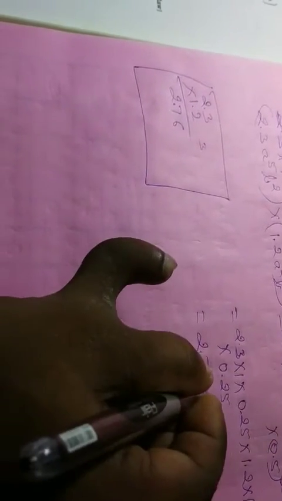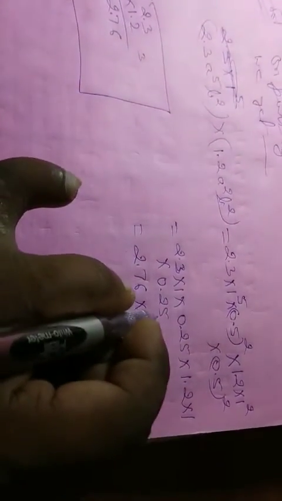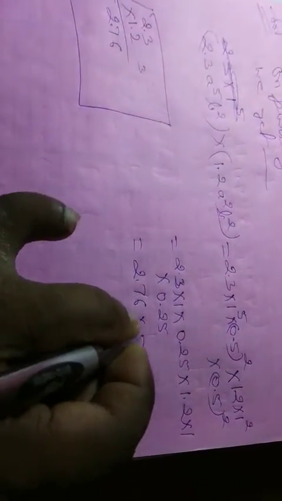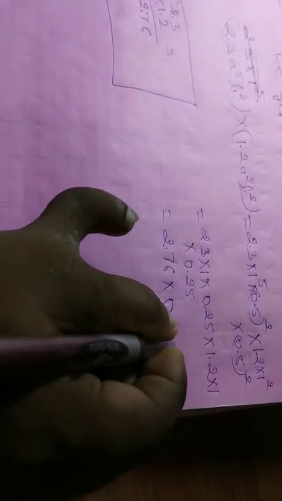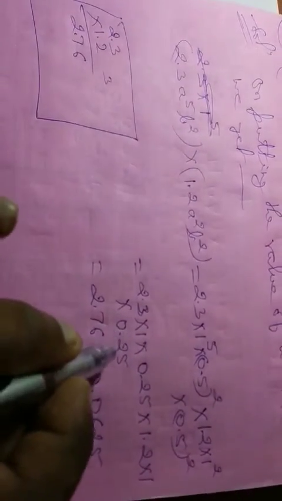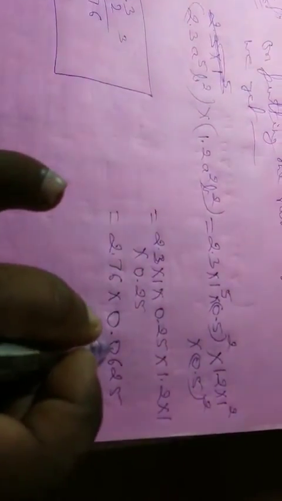And 25 into 25 is 625, so the multiplication of 0.25 and 0.25 is 0.0625.